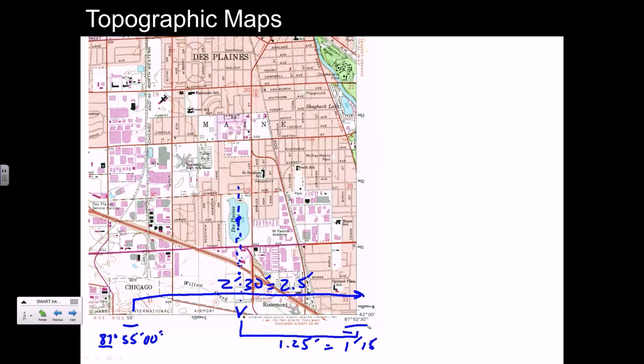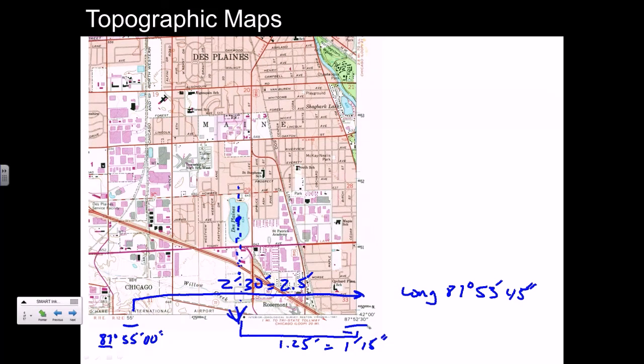It's 15 seconds, right? So the longitude then for Des Plaines Lake, if I was to write it out, would be 87 degrees, 52 minutes and 30 seconds, plus 1 minute and 15 seconds. So that means the longitude is 87 degrees, 53 minutes and 45 seconds. All right, and so that corresponds to this location right here.